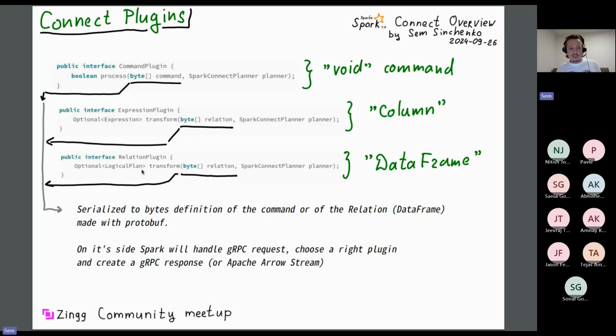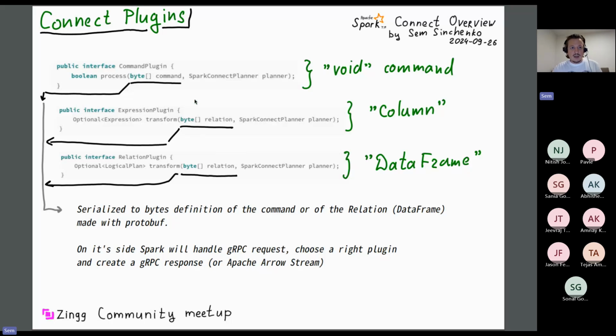What is really cool is that developers of these plugins shouldn't care about creating or handling gRPC requests, or implementing all this attaching, reattaching logic and Arrow streams, because Spark will do it by itself. Spark will search for all the possible plugins, and if Spark finds a plugin that can handle the specific message you defined, Spark will use this plugin and take care of all the gRPC, Arrow, and other things by itself.